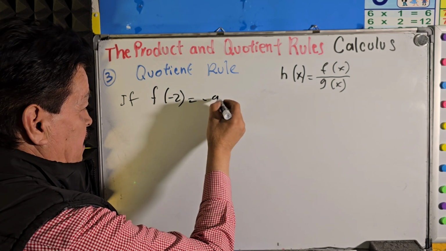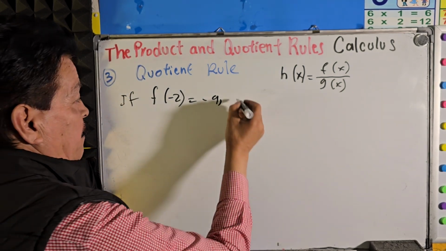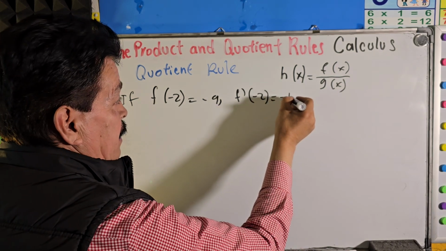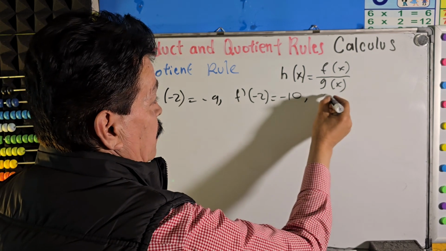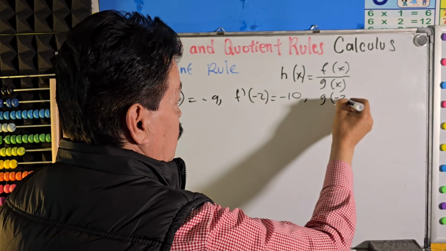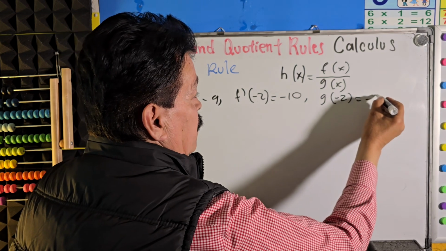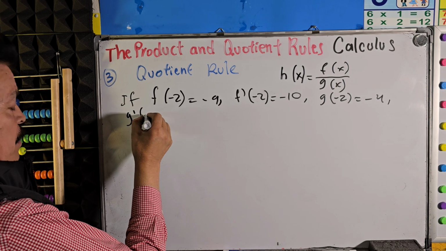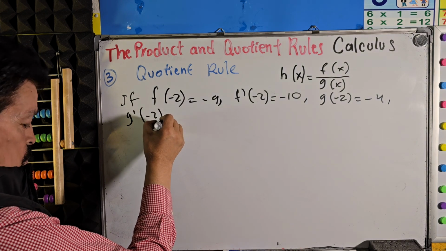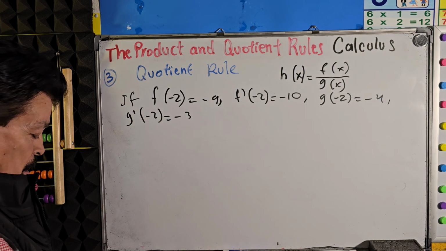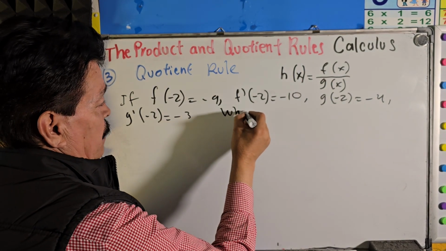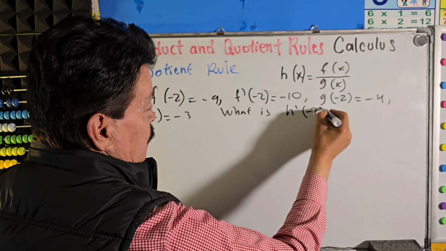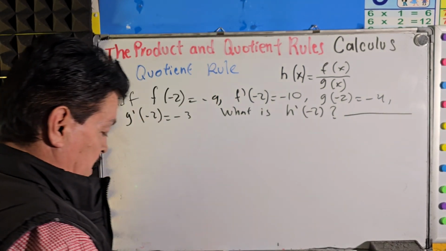Okay, -9, and then f prime of -2 equals -10, and then g of -2 equals -4, and g prime of -2 equals -3. What is our question? What is h prime of -2? Right? So that will be our question.